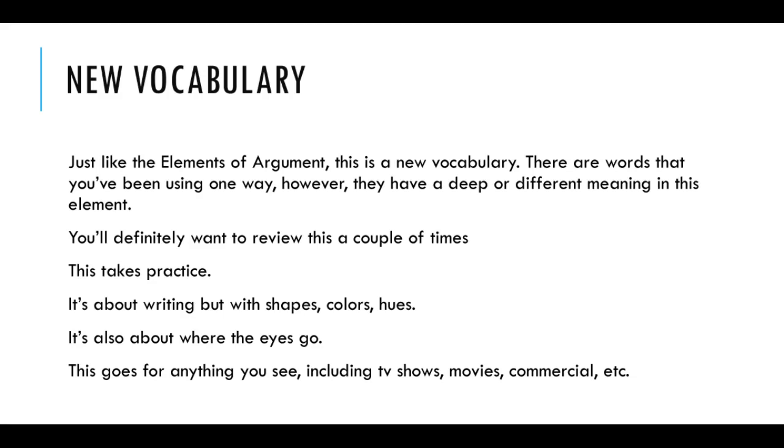You know what a line is. If you look at a line, you'll know, okay, that's a line. But lines mean line in this way in this element, but they also mean something else. This is one of those lessons you're going to want to repeat a couple of times. You're not going to get it at the first watch.